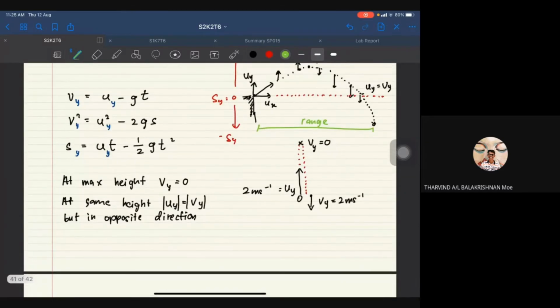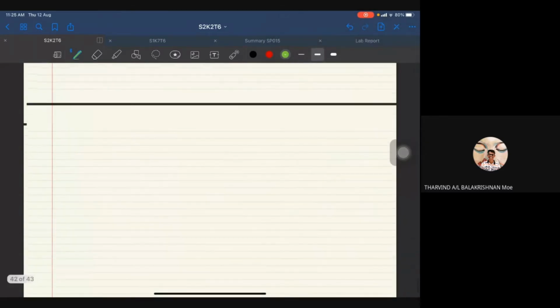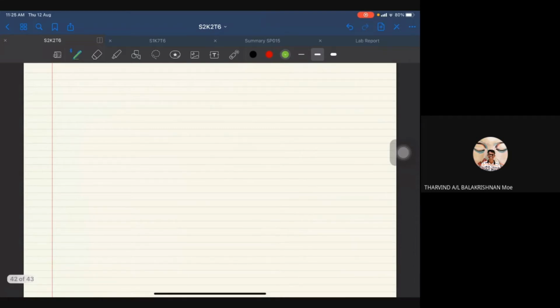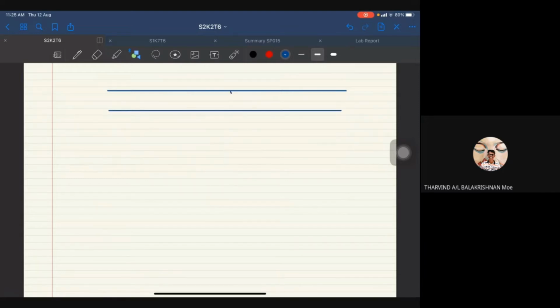So in conclusion, saya simpulkan dulu. Let's say I want to put all these equations side by side inside a table. Katakan saya nak letak dalam table side by side. So it will be X component, Y component.